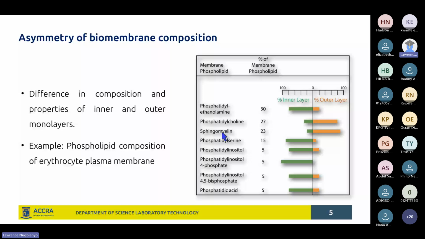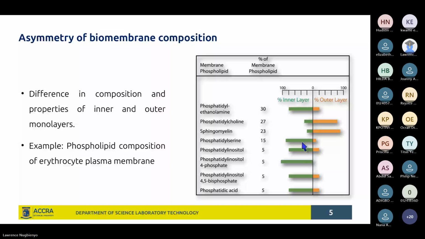Sphingomyelin, too, most of it is in the outer layer. You have phosphatidylserine, most of it is in the inner layer. All the others, phosphatidyl inositol 4-phosphate, phosphatidyl inositol 4,5-biphosphate, phosphatidic acid, you see that you have most of them in the inner layer rather than the outer layer.